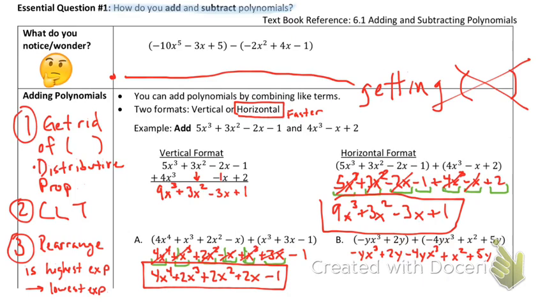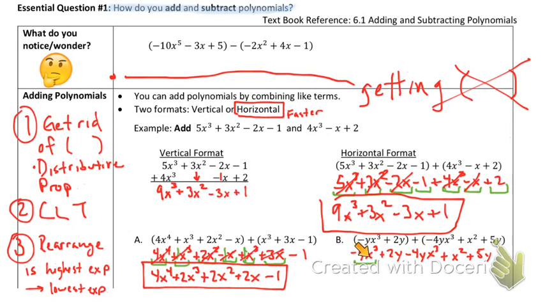Step 2, we're going to combine like terms. And here's the difficult, or more challenging, part. If you look at this first term here, it actually is a term with two variables. We have a y and we have an x to the 3rd.